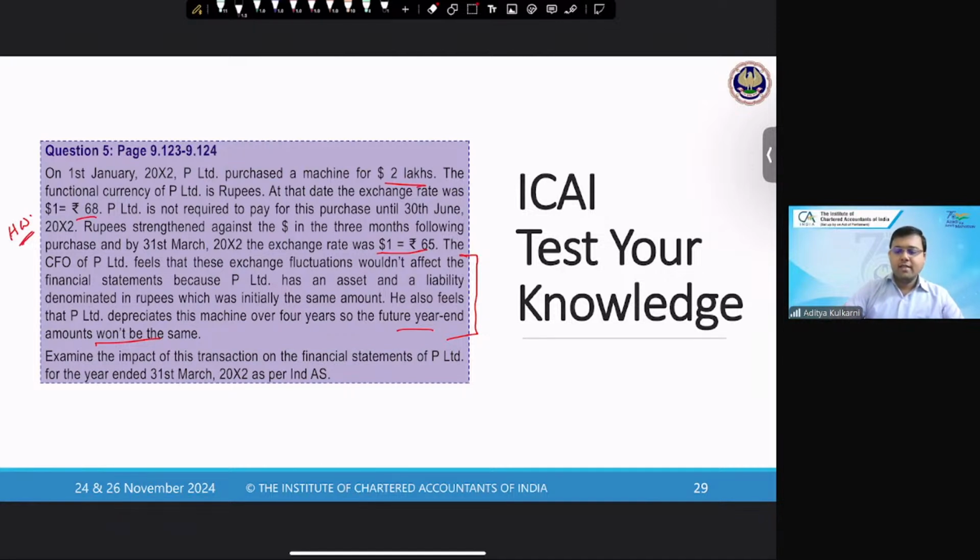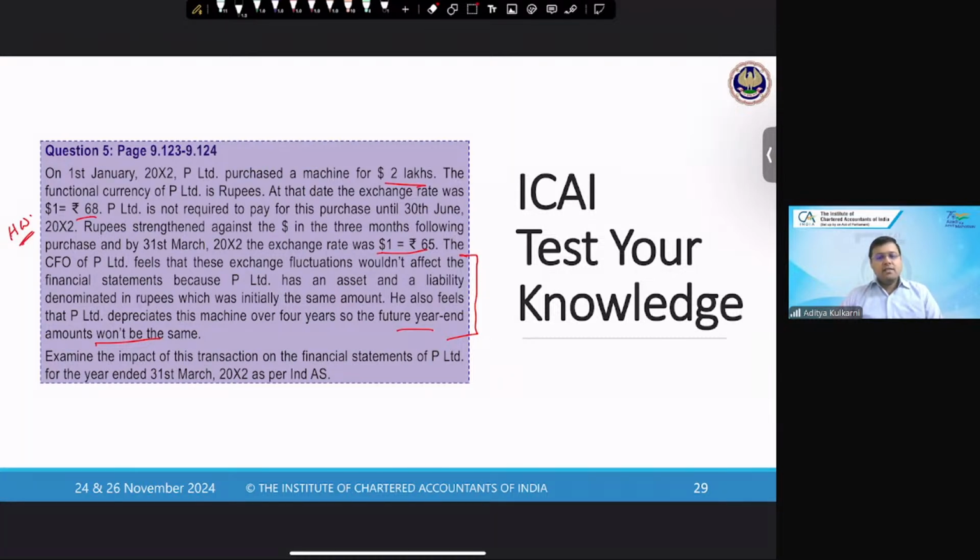The fundamental thing that is different is that there is a new currency which is introduced, that is your functional currency. Functional currency is the currency of the primary economic environment in which the entity operates. So we saw numerous examples and we saw what factors we evaluate when we determine the functional currency.